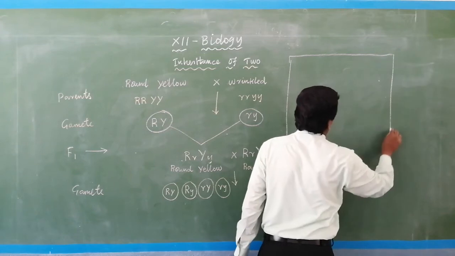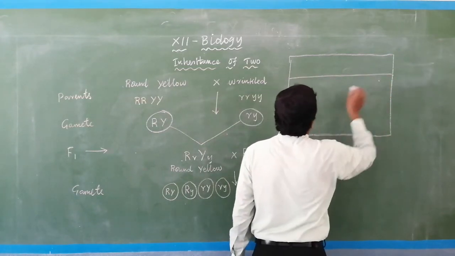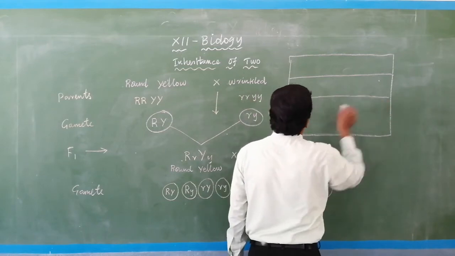The Punnett square was devised by Reginald C. Punnett, a British geneticist.